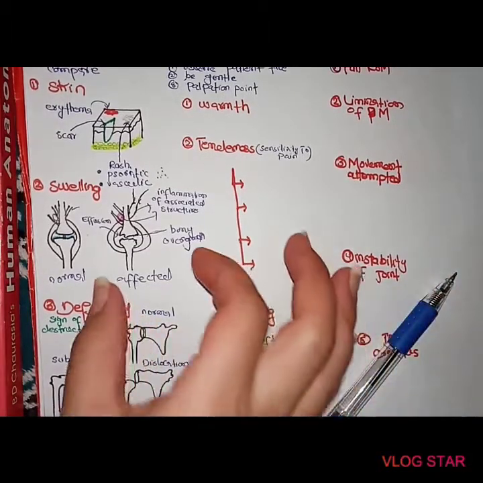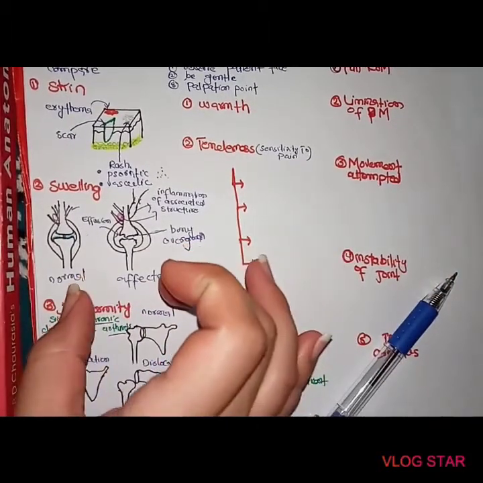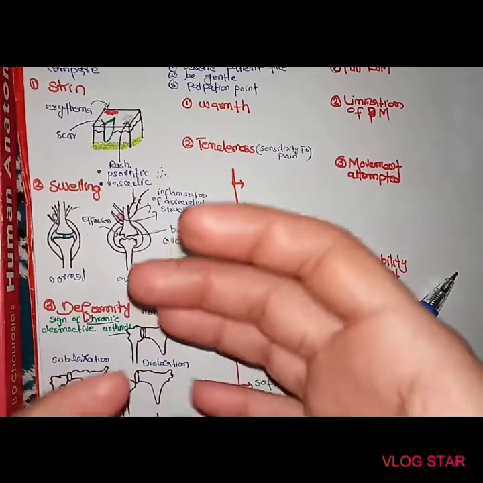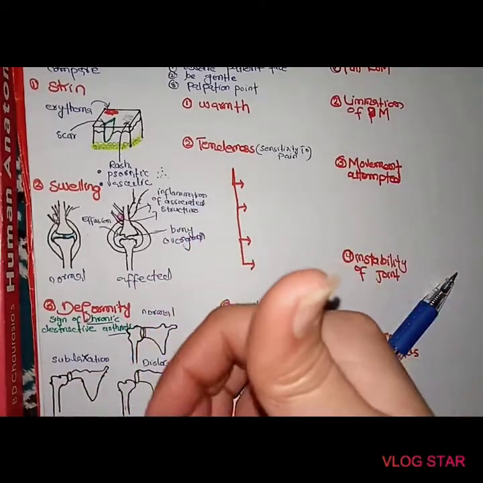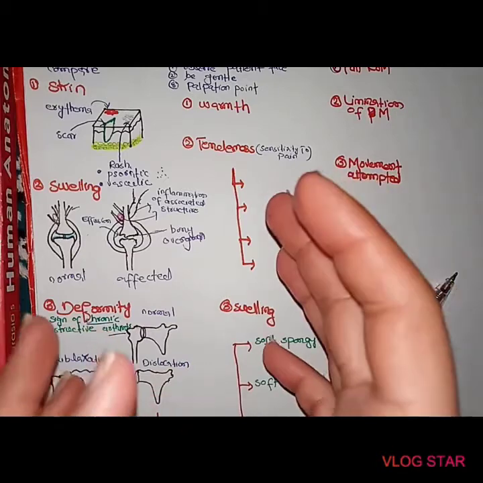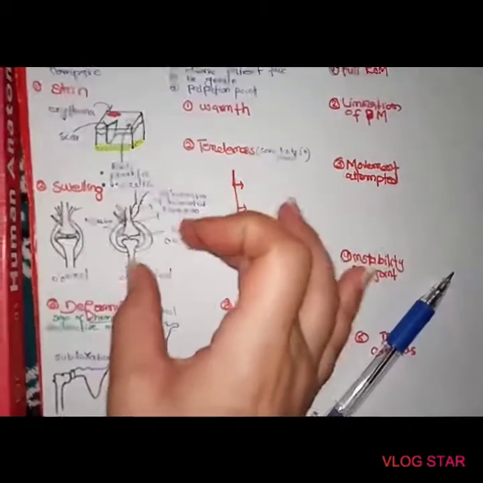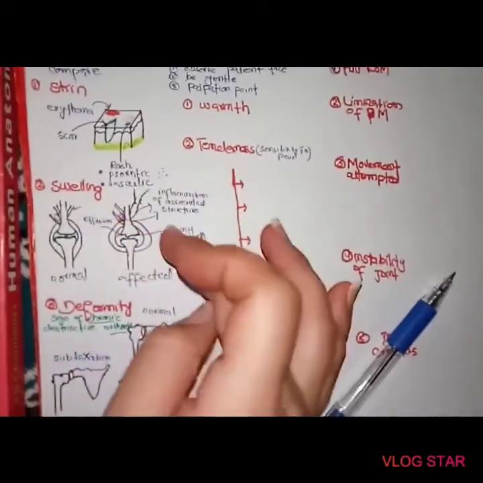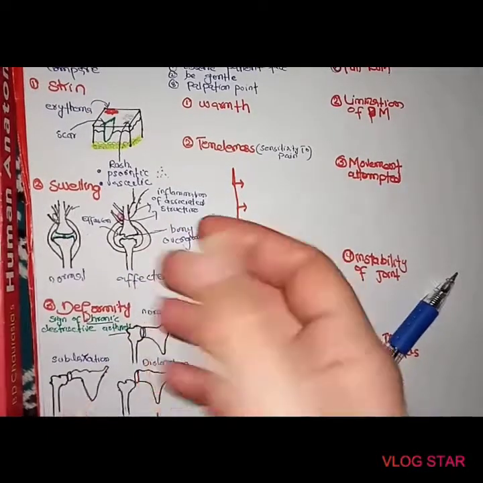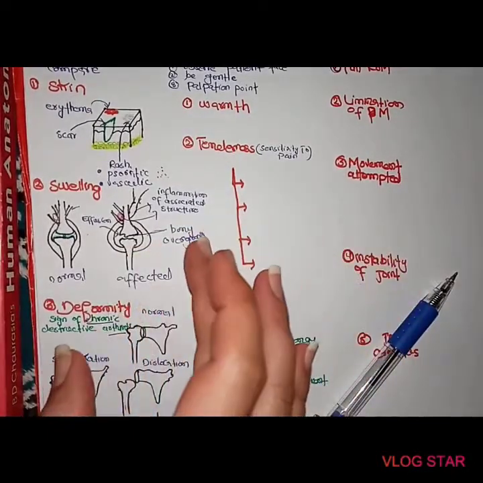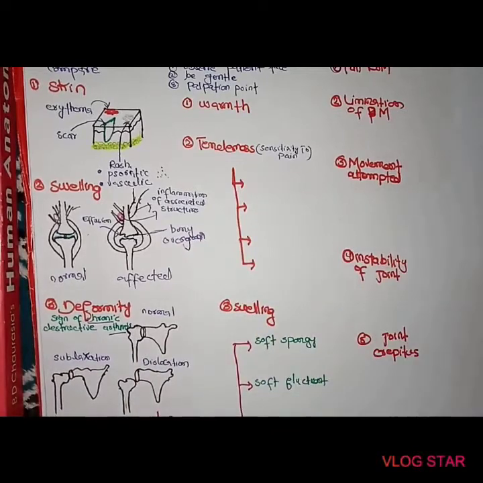So when you only see the swelling by looking at the outside of the joint, all of these changes occur inside the joint and you can't see them; you only see the swelling. I hope it makes sense.